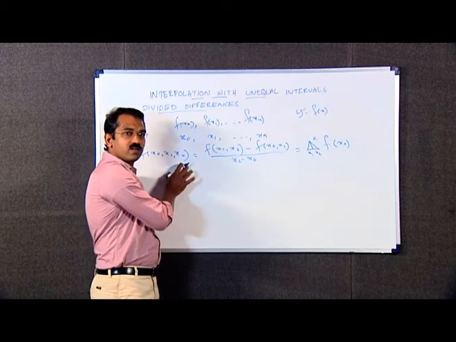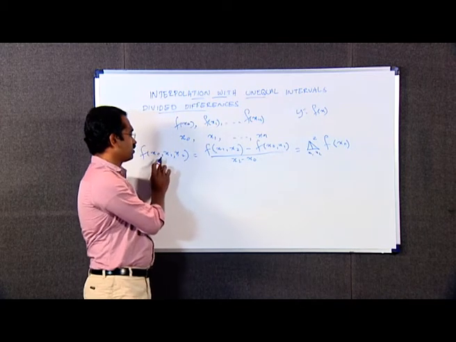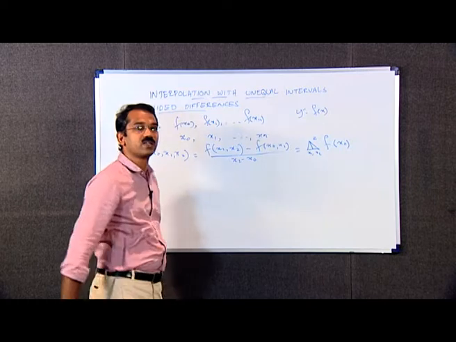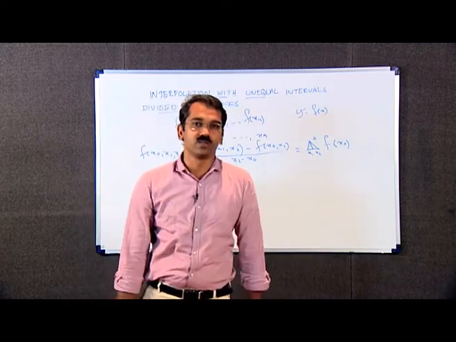Thus, we require 3 continuous arguments for the second order divided difference.